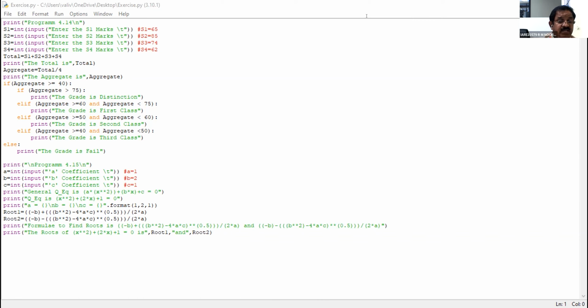First, you have to check whether the entered a value is 0, then it's not a quadratic equation, right? If a equals 0, then it is not a quadratic equation. You cannot find the roots of that equation, right? If it is not equals to 0, then you can find them, right?